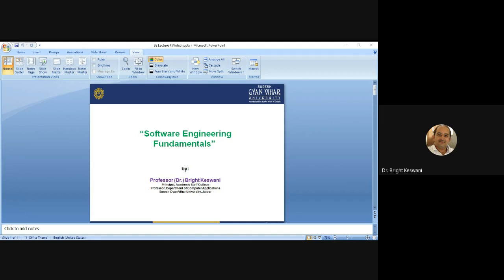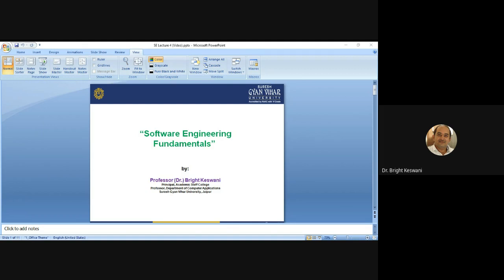Sometimes the end user is restricted to the existing way of working. He doesn't want to change his style of doing the work, or he's not ready to change his method of working.